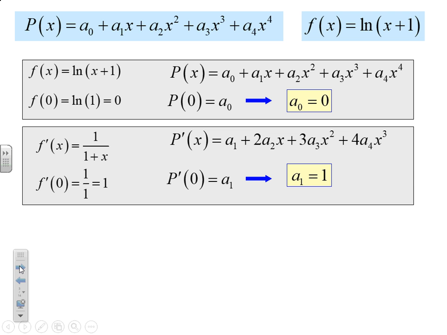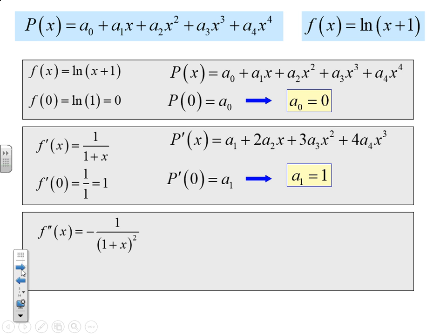Second derivative. Negative 1 over 1 plus x quantity squared. Evaluated at 0. Negative 1.